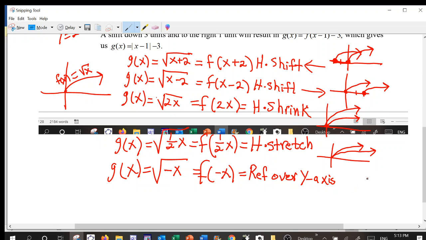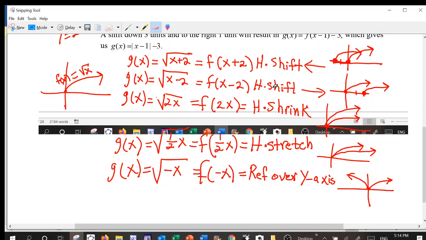And reflection over the y-axis is going to look like this. Kind of like that. Well, made a mess there. So kind of like that, okay?